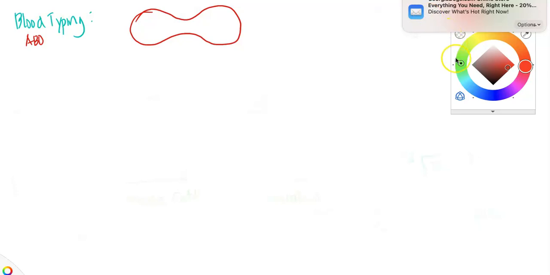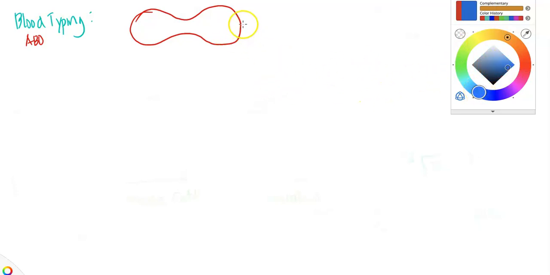So let's say we have a marker like that and a marker like that. These markers are on all of our blood cells, and these markers are called antigens.